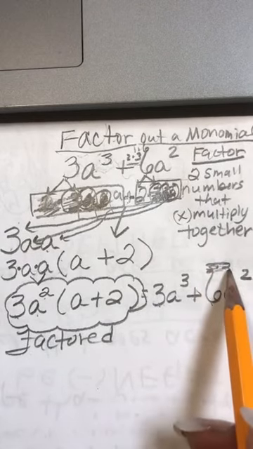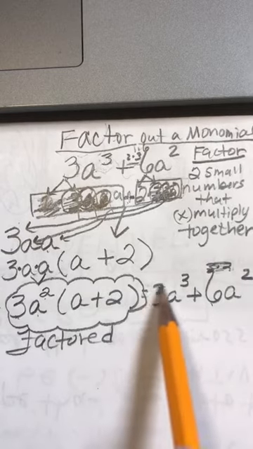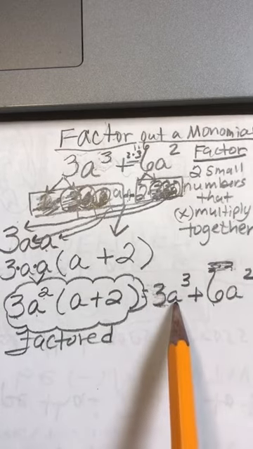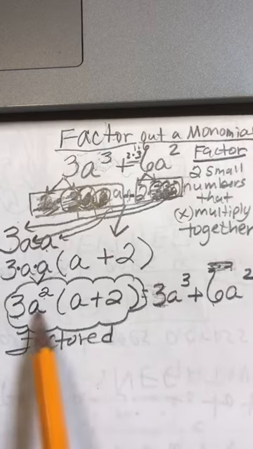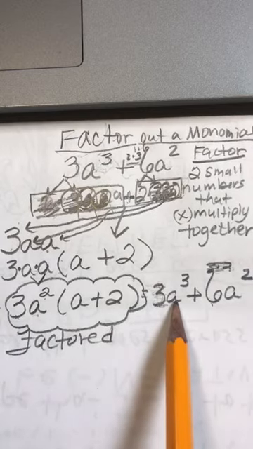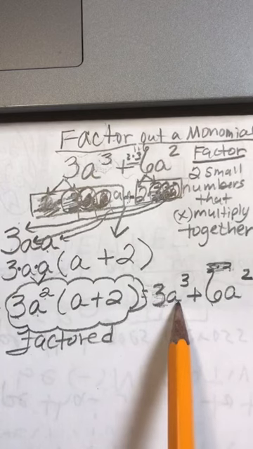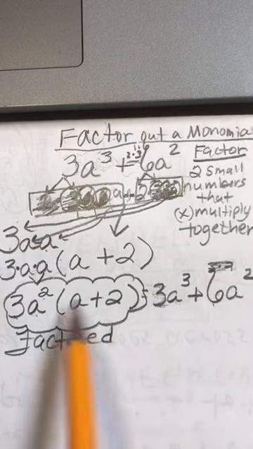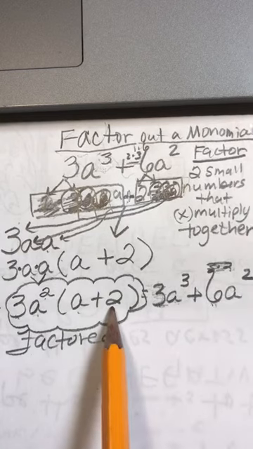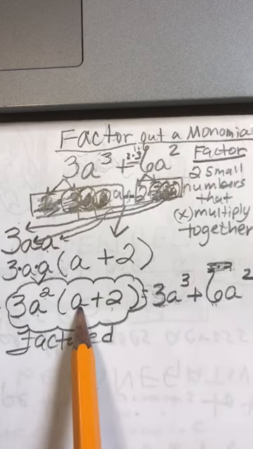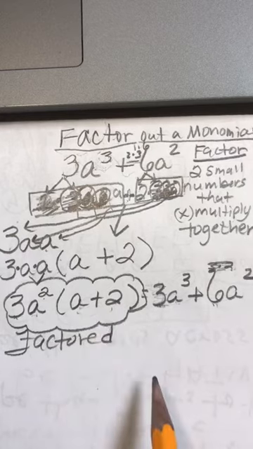So we were left with a 2 over here in this house. This 3 was gone. And we had an A that moved out together, another A that moved out. So left over here, there were 3 A's here. But 2 of the A's moved out and got married, so there was only 1 A left. And over here, we only had the number 2 left. So 3A squared times A plus 2 is your answer.